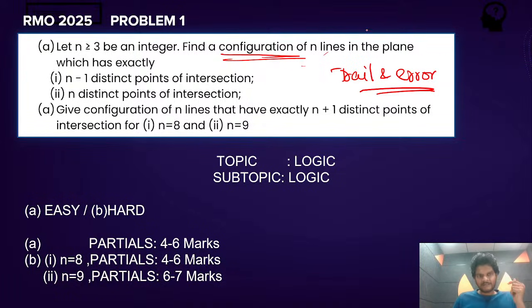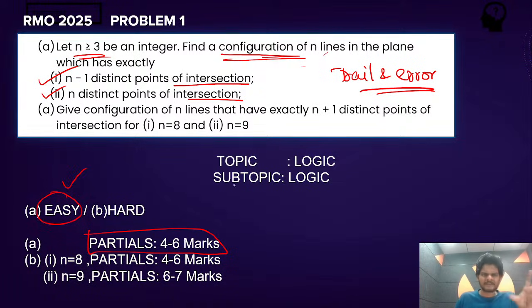With trial and error, you can try different things and figure out a way such that n lines will have n minus 1 distinct points of intersection, n distinct points of intersection, and the first part is easy. And if you're getting close, you'll get partial marks. That will be there in all the questions.